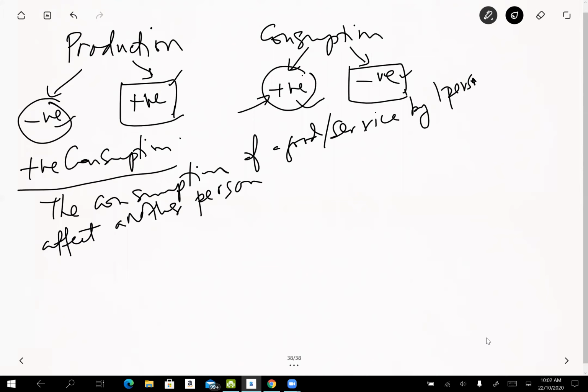Now, you have so many examples. The consumption of a good that affects another person positively. We are talking about positive. Okay, give me one example.